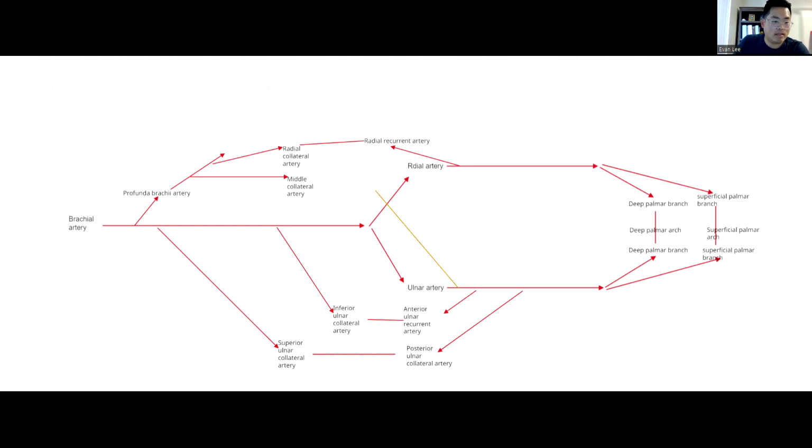So this is going to be called the interosseous artery, or interosseous recurrent artery. And this is going to be connecting to the middle collateral artery. So interosseous recurrent artery.